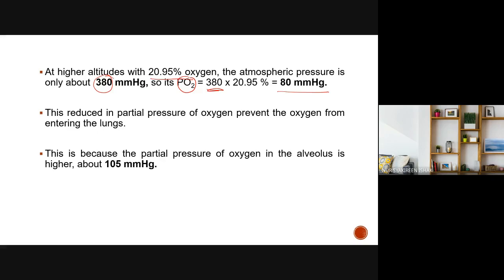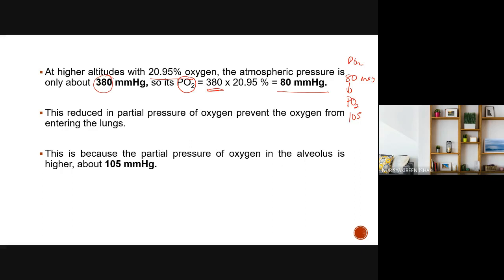So bayangkan, sebab tu kalau kat atas gunung, it is harder for you to breathe, because the chance of oxygen to get into your lung is lower. Okay, so kat atmosphere, imagine lah 80 millimeter mercury, the partial pressure of oxygen. To enter into your lung, partial pressure of oxygen in the lung is 105. Macam mana daripada low nak pergi ke high? Faham tak? Okay, so that's why it is harder for you to breathe when you are at a higher altitude.